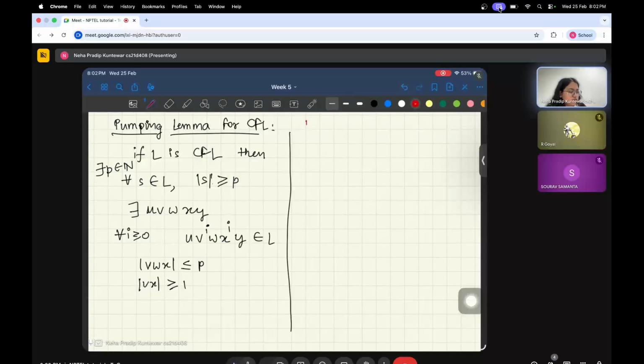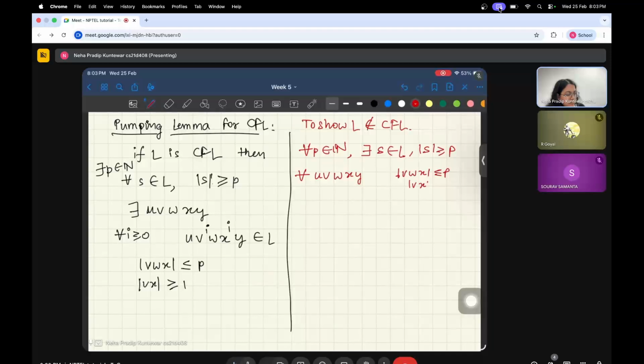So if you want to show that L is not a CFL, then you will say that no matter what p you take, there is always a string s in the language whose length is at least p, such that no matter how you partition s into u, v, w, x, y satisfying |vwx| is at most p and |vx| is at least 1, there exists i greater than or equal to 0 such that u v^i w x^i y is not in L. So all the for-alls become there exists, and the negations switch accordingly.